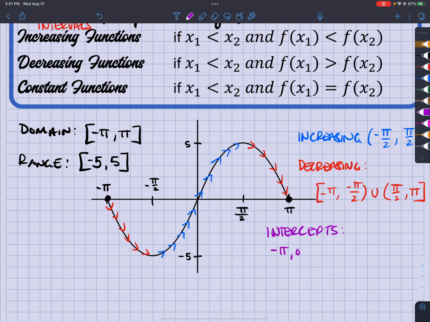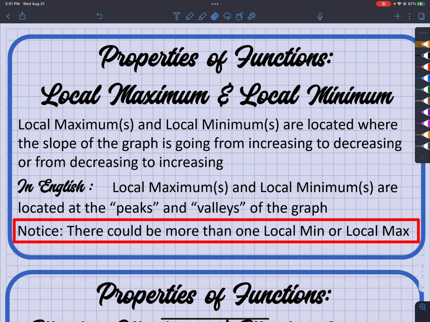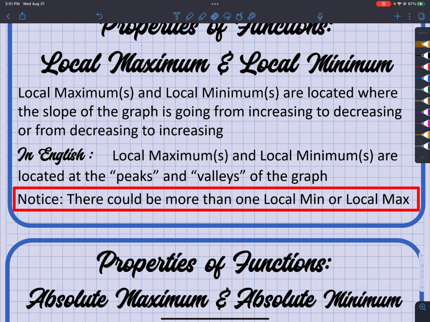Negative pi, 0, and then 0, 0, and then pi, 0. Right? So we could even say it that way, that we have a bunch of intercepts as well. All right? And then let's continue on to local max, min, and absolute maximums and minimums. All right, so let's take a look.